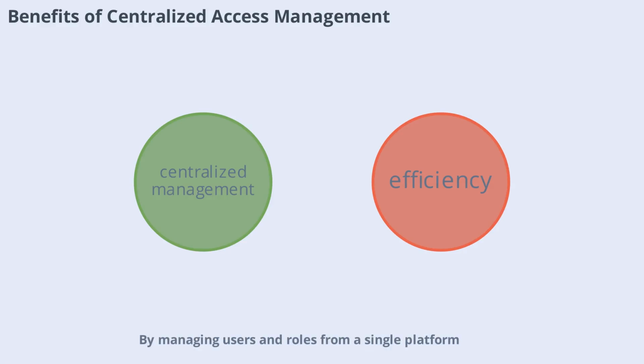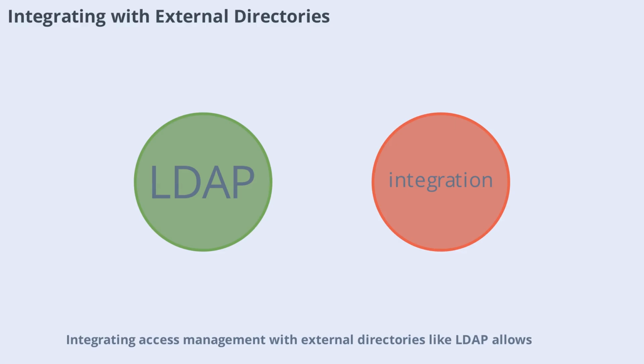By managing users and roles from a single platform, organizations can respond quickly to changes and maintain better control over their resources. Integrating access management with external directories like LDAP allows organizations to leverage existing user data and streamline account management. This integration reduces duplication, ensures consistency, and simplifies the onboarding and offboarding processes.